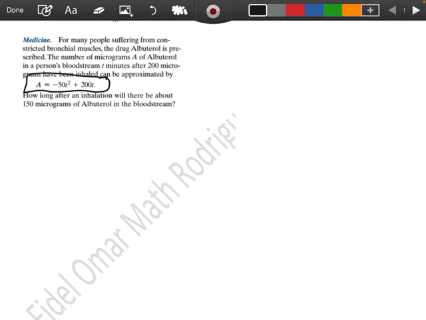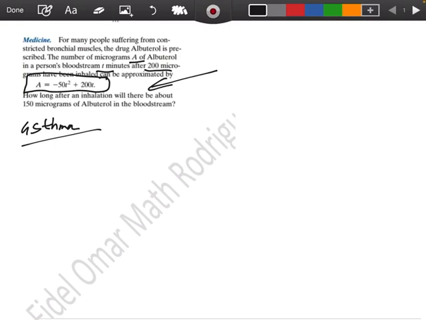So let's see. If you know anything about this, this is when people have asthma, right? So we're using an inhaler, and A says how much albuterol we're going to have T minutes after we have inhaled 200 micrograms.